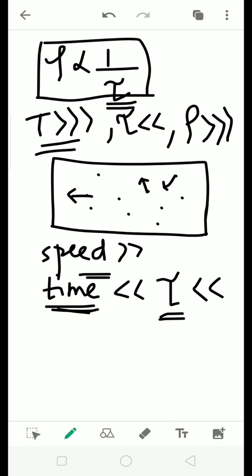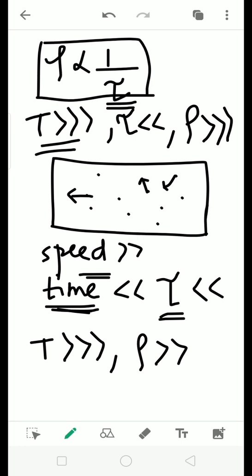So what is the conclusion? With the increase in temperature, the resistivity will also increase. That is for the case of metal.